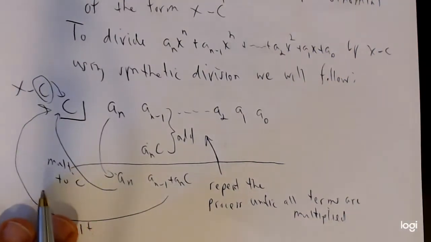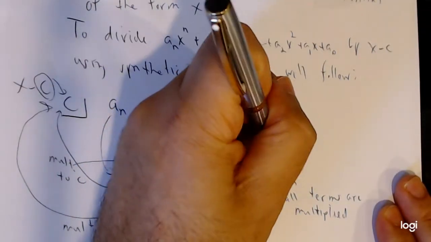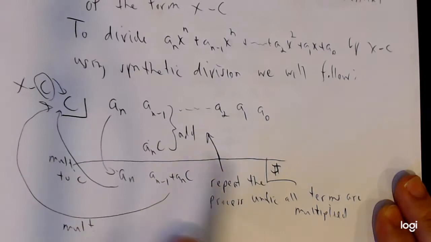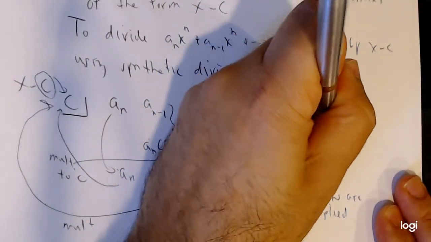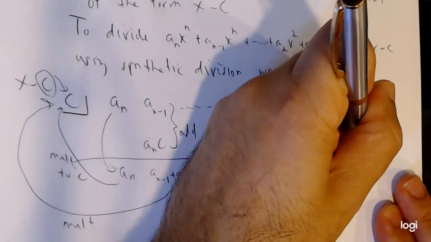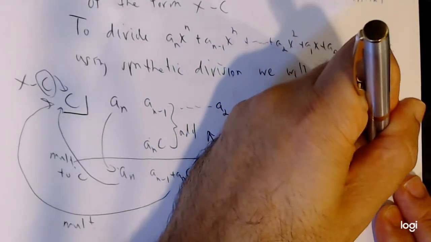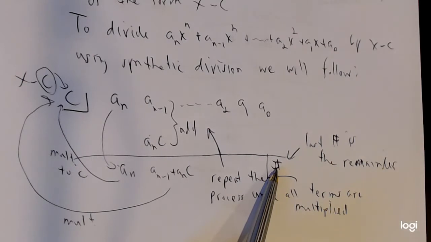Okay, and then one thing I want to point out is you get a number here at the end when you repeat this process. This last number is the remainder. So if this is 0, then that means our remainder is 0, which means it divides perfectly.